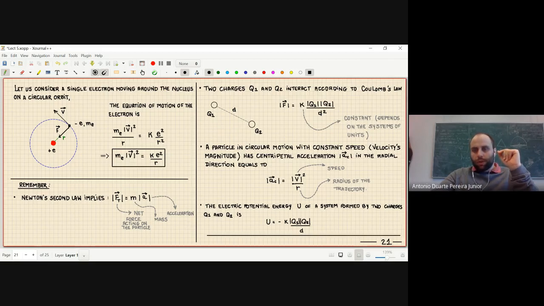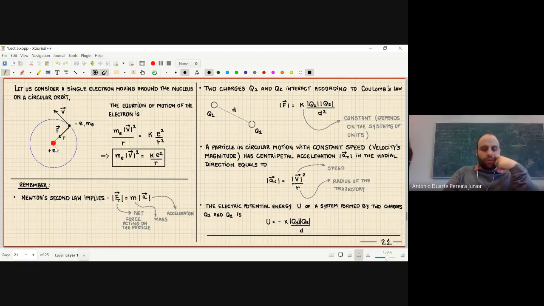Okay, so there are some questions. I'll go to these questions in just a second. So this force will be equal to the mass of the electron times its acceleration. The force is written here: k times the first charge times the second charge.